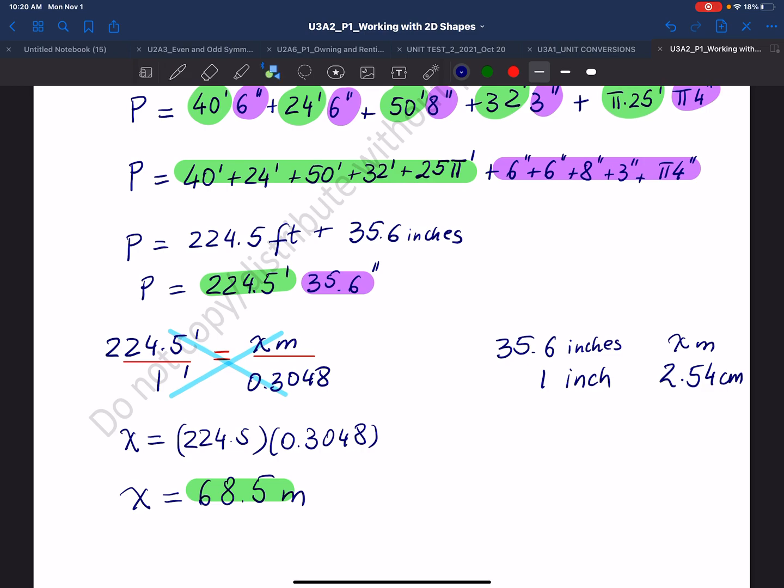So I'm going to create the fractions. So x times 1 is 1. Here we go. So 35.6 over 1 equals x over, now remember that unit measurements have to match here.